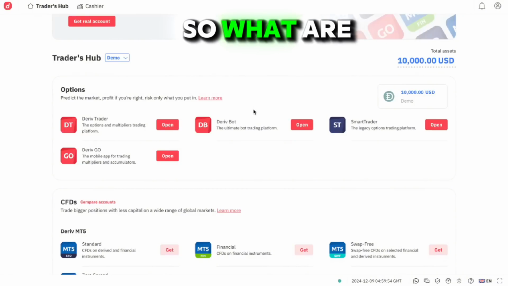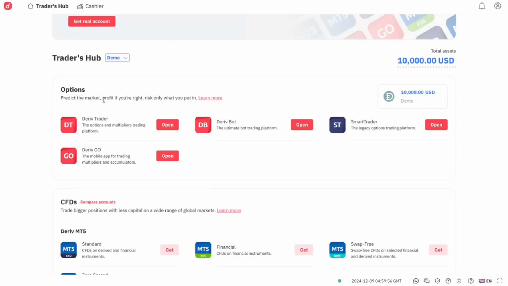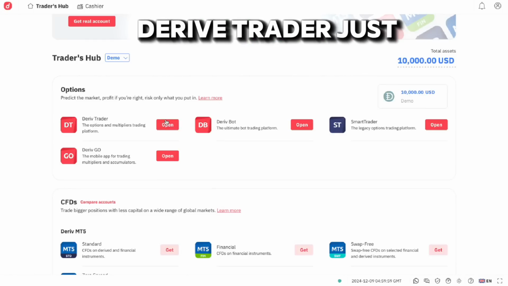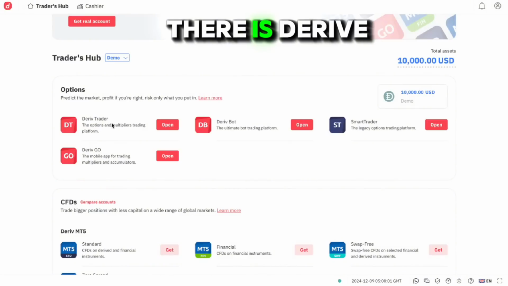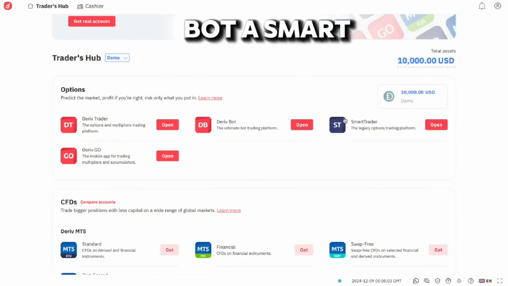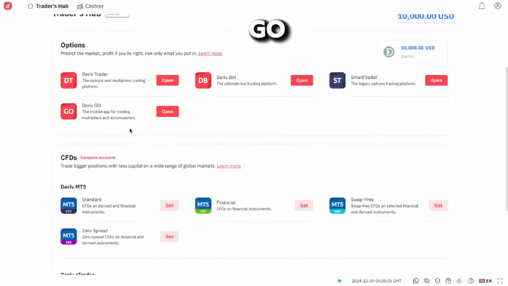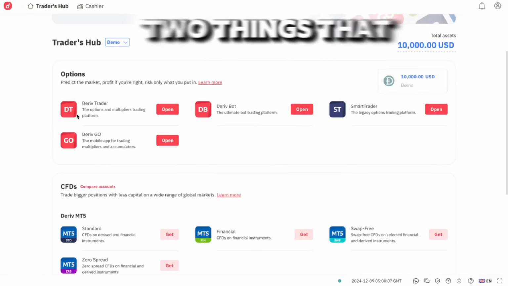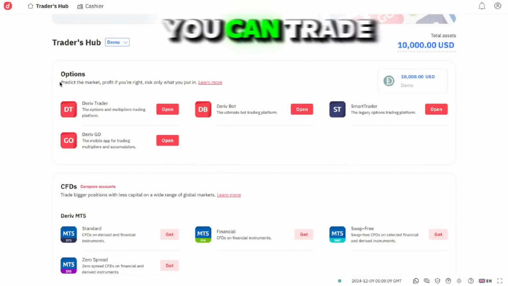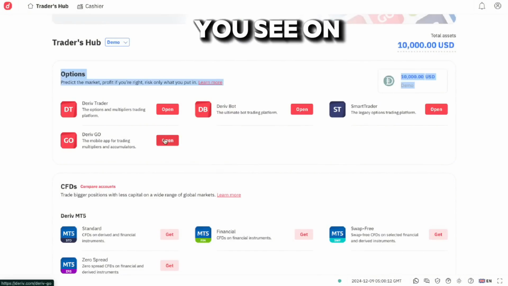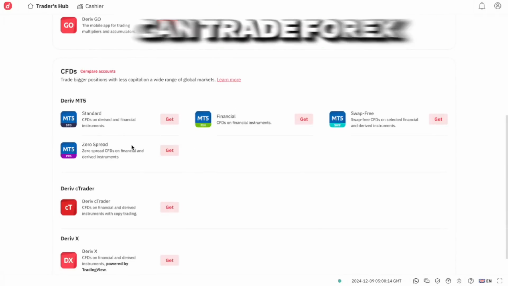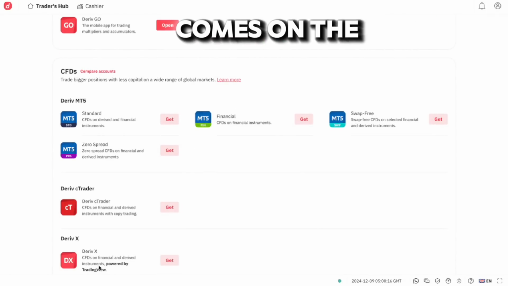So what are the types of the markets? Come here to Deriv Trader, just click open. There is Deriv Trader, there is Deriv Bot, there is Smart Trader, and there's Deriv GO. There are two things that you can trade on Deriv. You can trade synthetics, which is what you see on this first tab here, and then you can trade forex, which is what comes on the second tab.